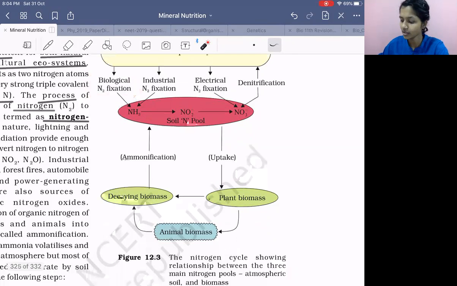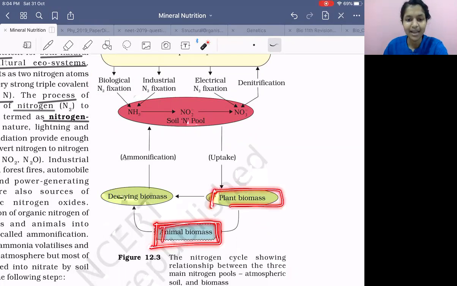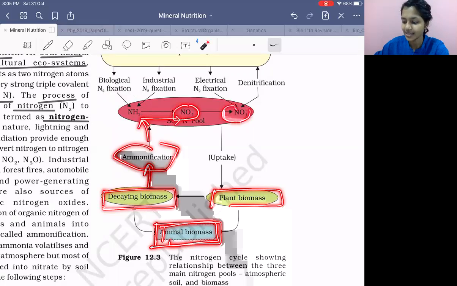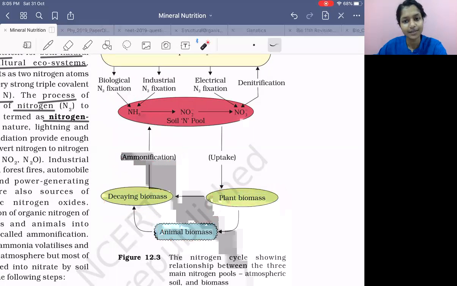Now next, if there is any dead organic matter, plant or animal, they are decaying biomass. So what is the process? Ammonification. You will get ammonia. After ammonia, you will get nitrite, then nitrate. This is nitrification, right?